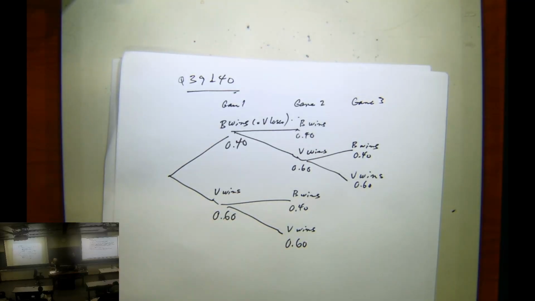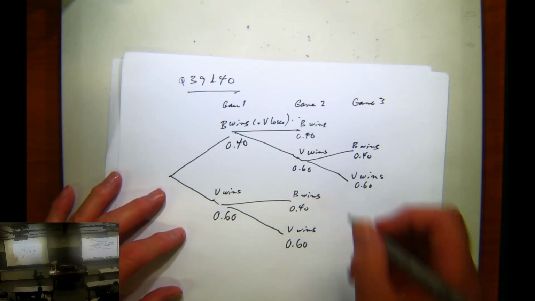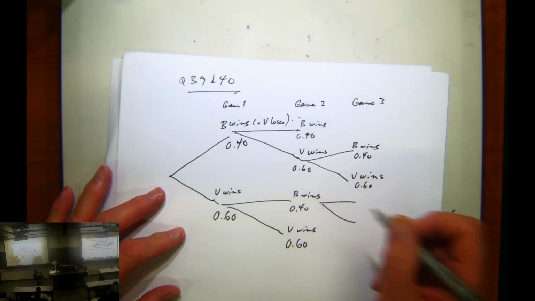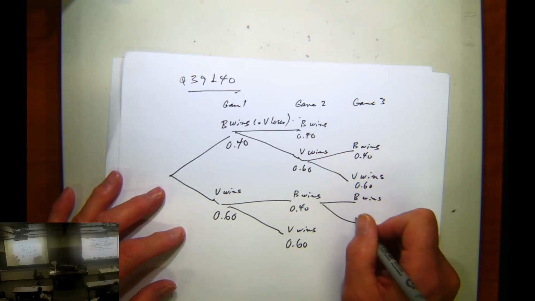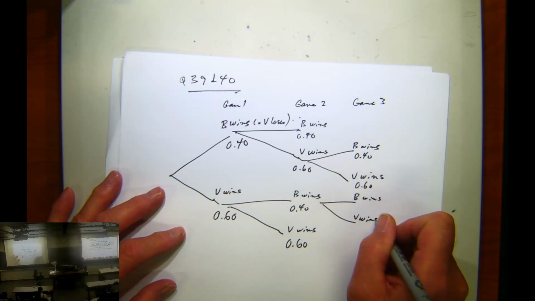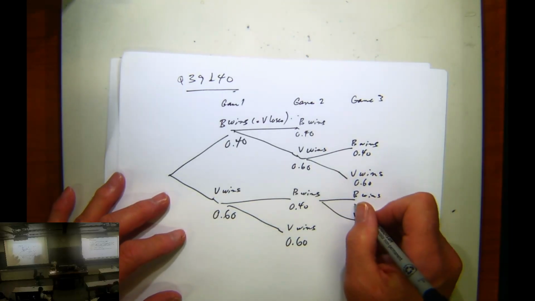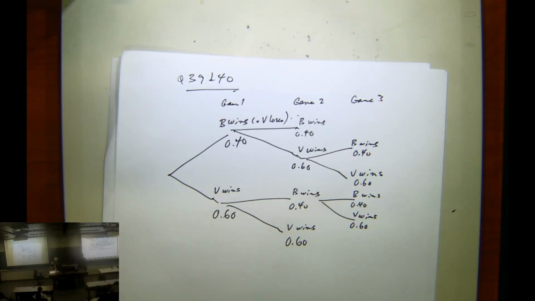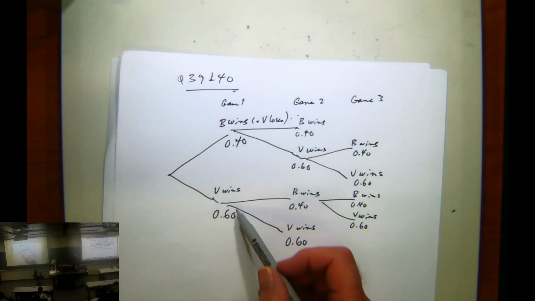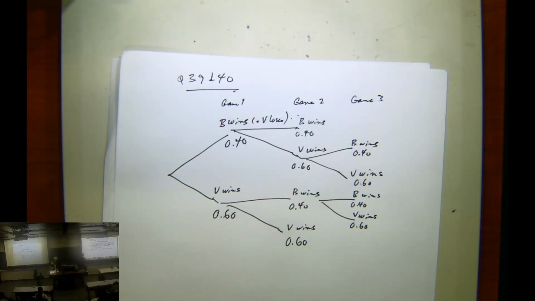But if Veronica won the first one and Betty won the second, yes, we're going to have to go to a third and deciding game, which either Betty wins or Veronica wins. Again, with probabilities 0.40 and 0.60. But if Veronica won the first one and Veronica won the second, the series is over. Okay?